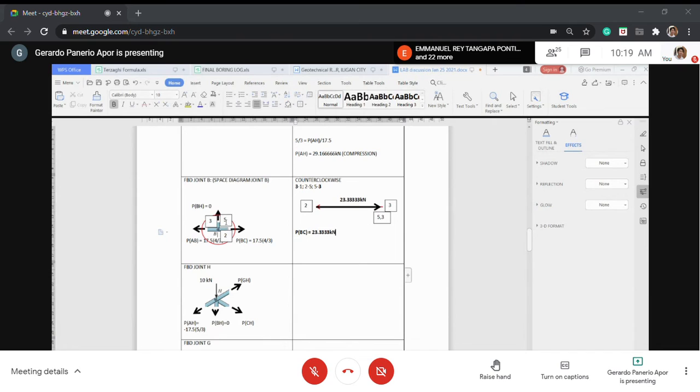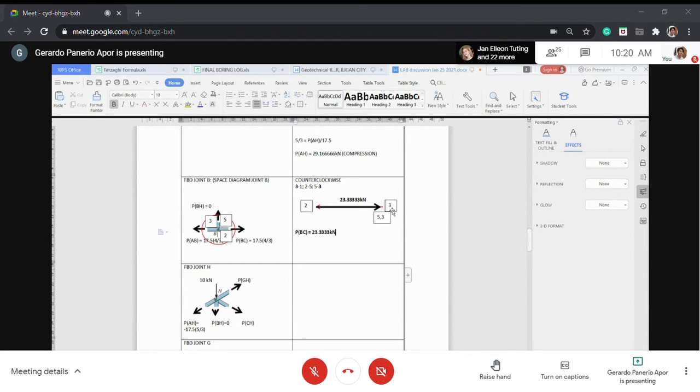Now 5 and 3 must have 0 magnitude so that there will be no offset. It will not go up or down. If this is 0, then that will go directly to 3, so 2 to 3. There is no 5 anymore, so it is 2 to 3.